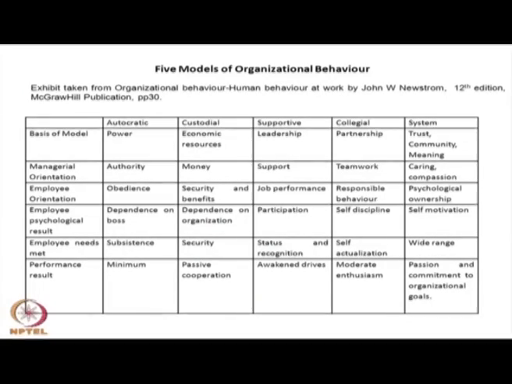Performance result is moderate enthusiasm, because I am getting a good feeling that I am doing this in a different way. I feel excited from within to a certain level, like I am doing it the way that I want to do it. So, employees have that moderate enthusiasm.